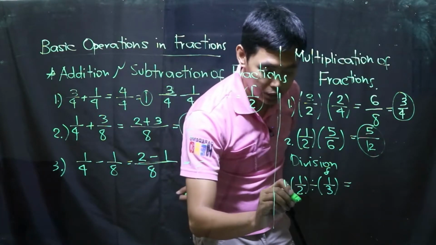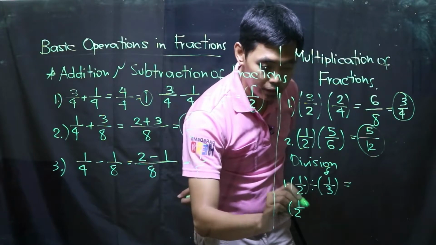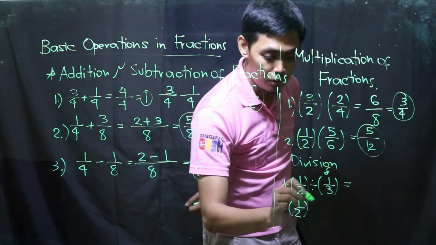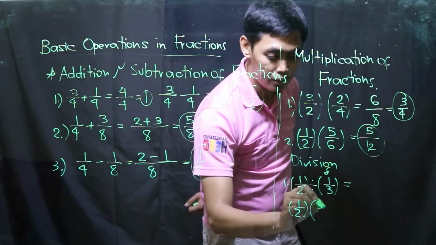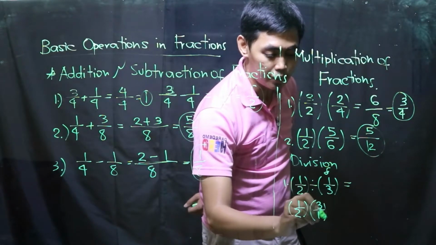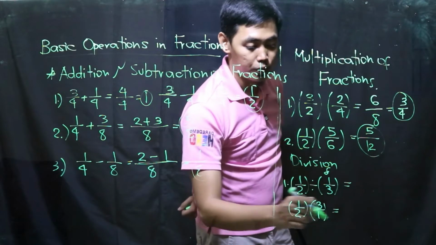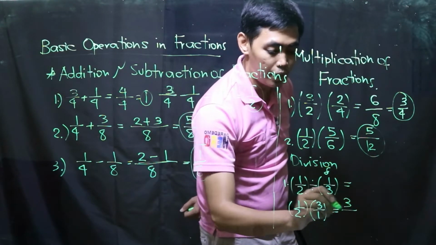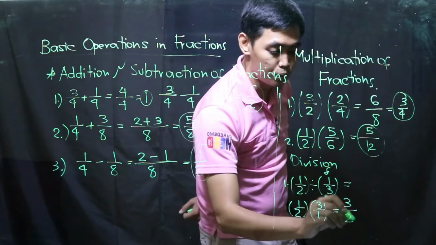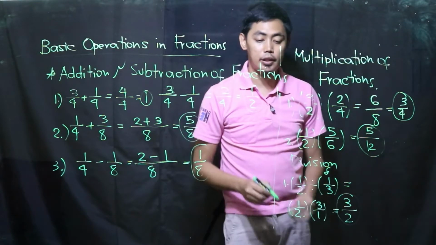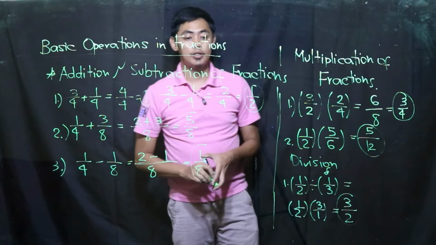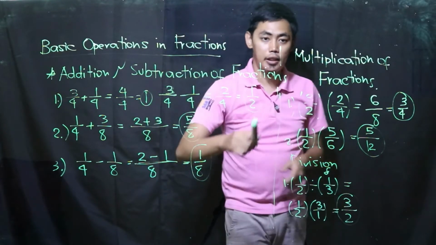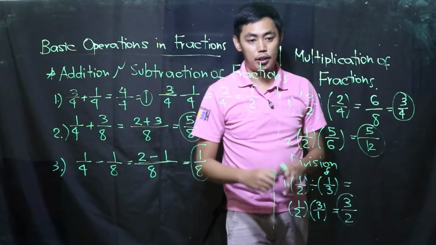We write this 1/2, and then instead of division, you change it to multiplication, and you just simply flip the second number. So proceed with multiplication. 1 times 3, that will be 3. 2 times 1, that will be 2. So the answer is 3/2.